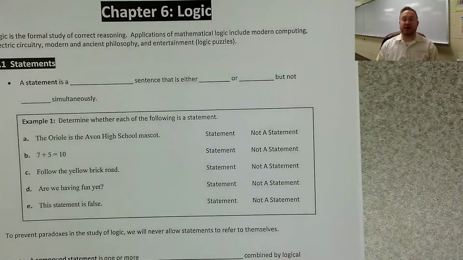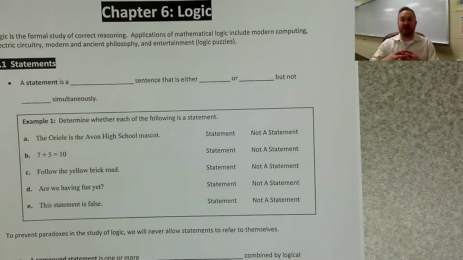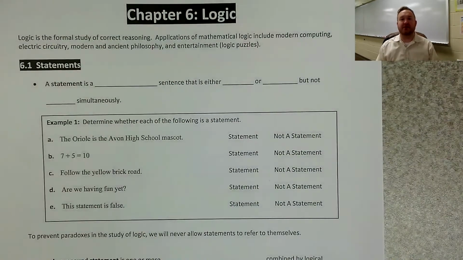So we start off by identifying that when we are trying to determine whether a large statement is true or false, because that's the goal of this, determining whether a statement is true or false, we have to start by defining what a statement is, and then eventually we're going to be combining these statements together into bigger statements.